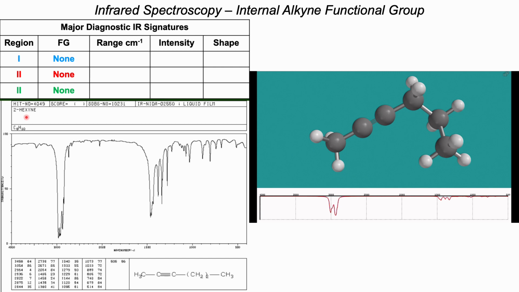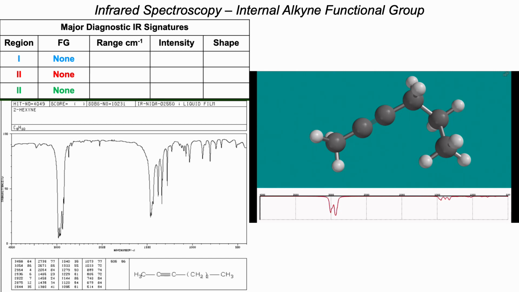So here we have 2-hexyne. The triple bond is internal now, so there's not really a great difference in electronegativity, so that's why you don't really see anything in region 2. Region 1 no longer has that terminal CH, so you just have your normal alkane looking stuff in this molecule.